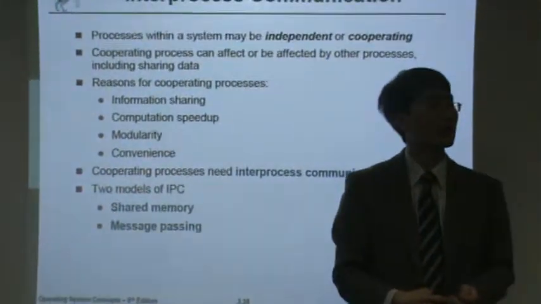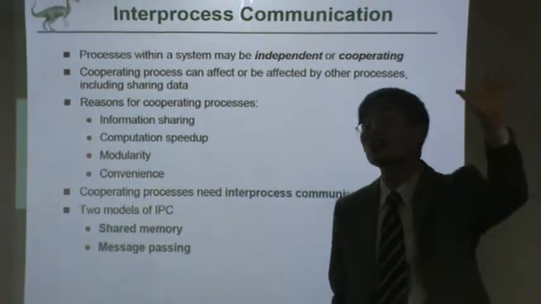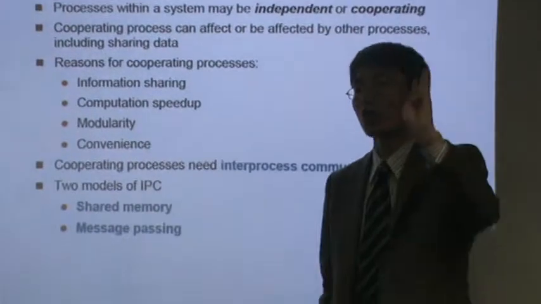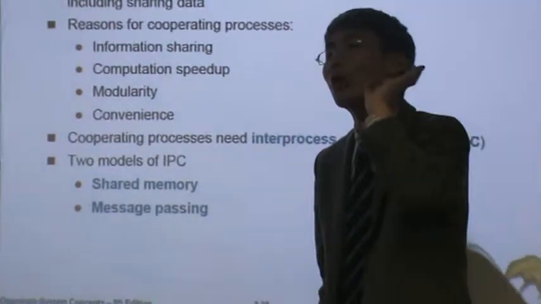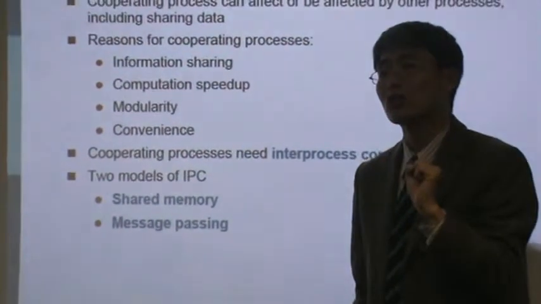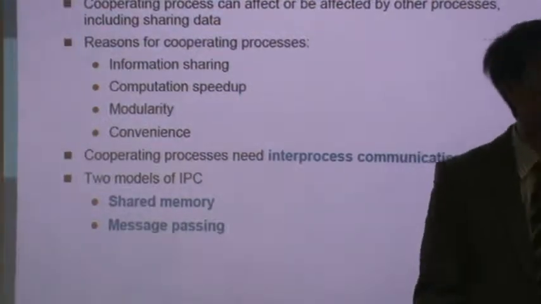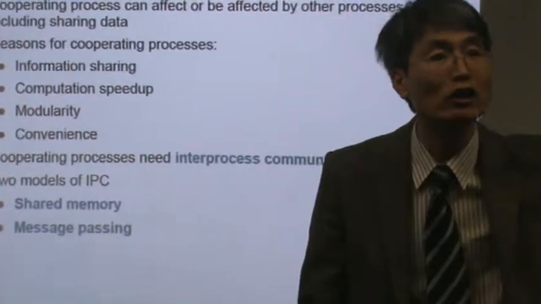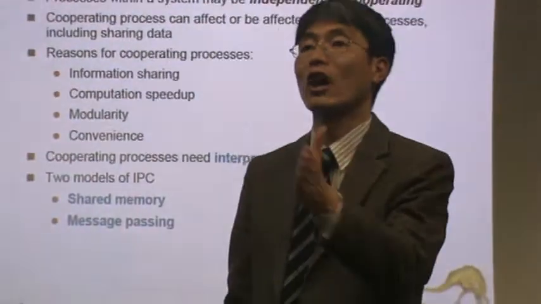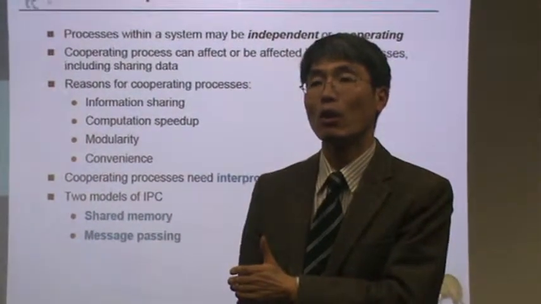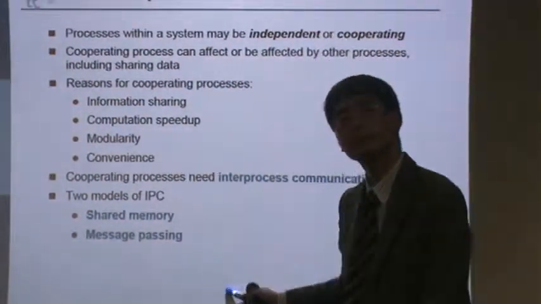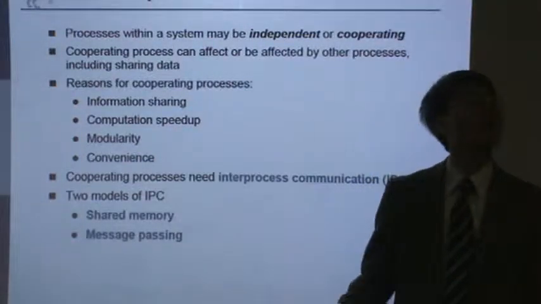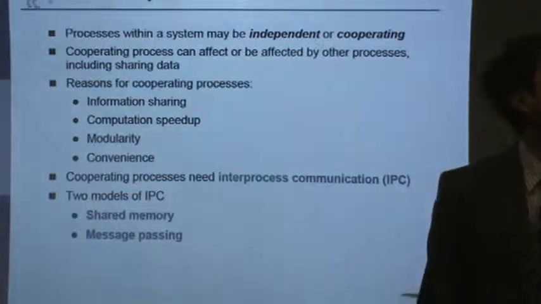You can use existing hardware or instructions, or a software-based data structure, such as a message queue. You know the queue is a data structure, first in, first out. Okay. Also, you can use a network protocol, network method.